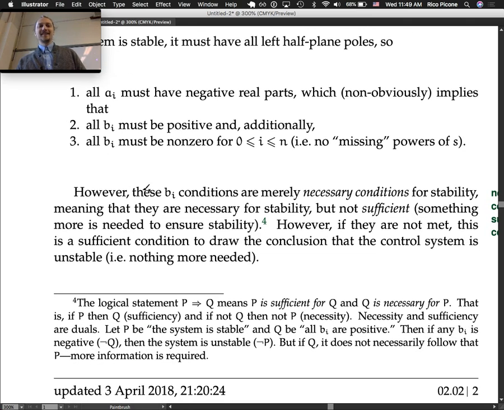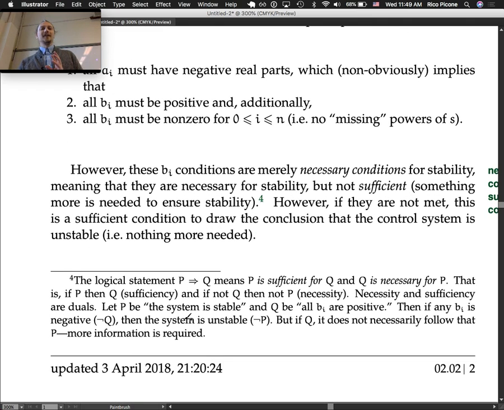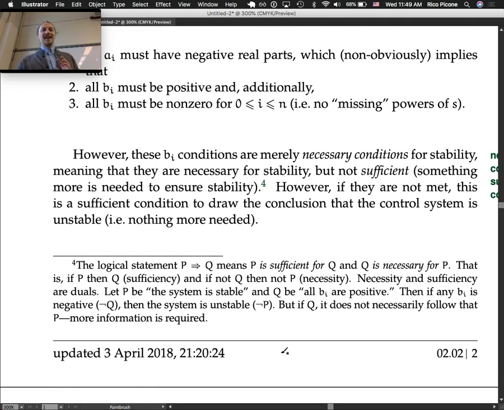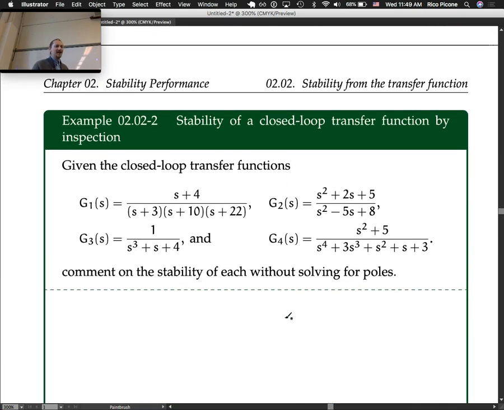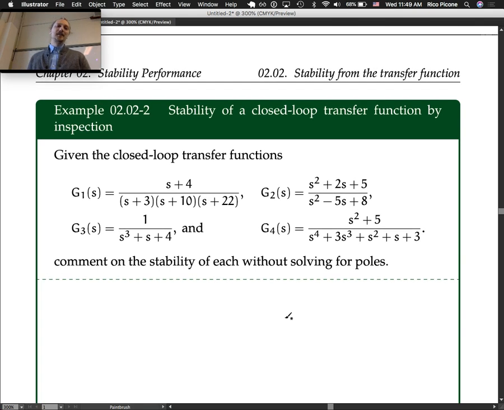All right. I know that's a little bit abstract, but let's do an example. So let's talk about stability of each of these 4. So G1. The poles are obvious from this one. It's already factored, right? The poles are -3, -10, and -22.